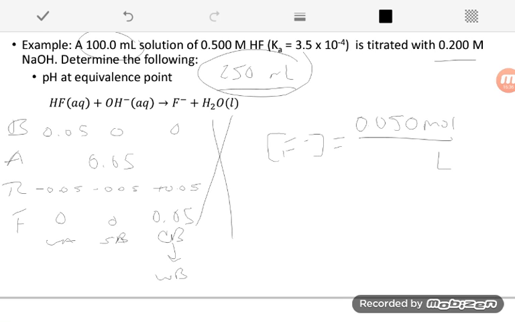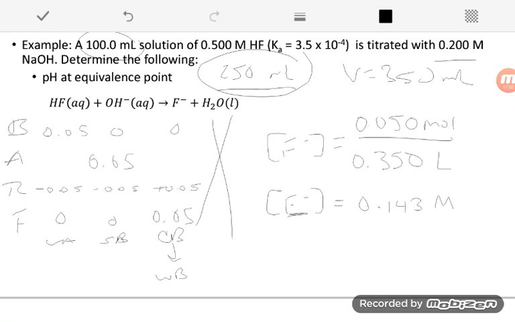At the equivalence point, I added 250, which means I have a total volume of 350 milliliters. Or when I plug it in here, that's going to be 0.350 liters. So my conjugate base concentration is going to be 0.143 molar.